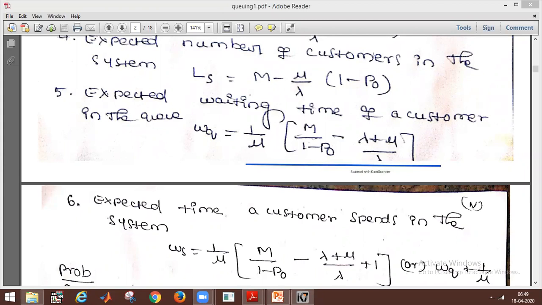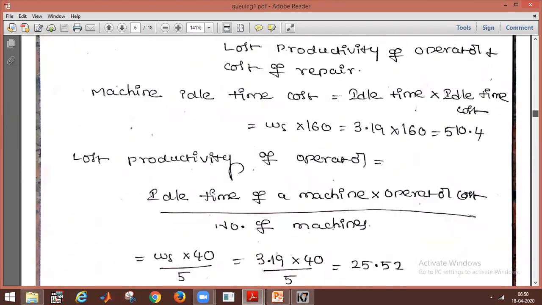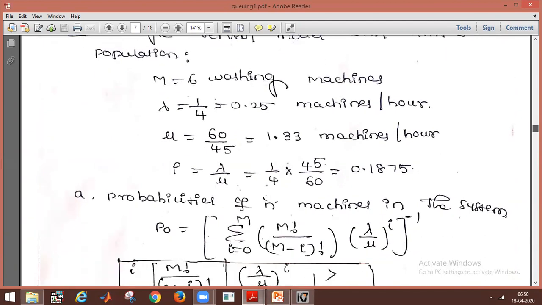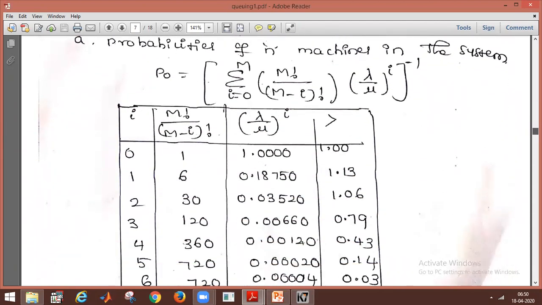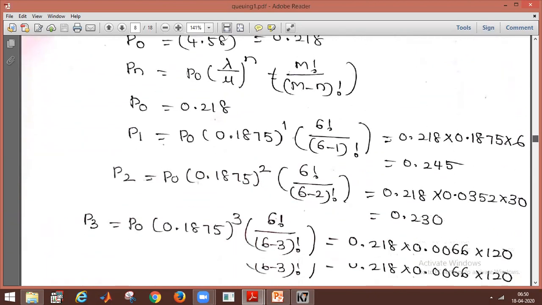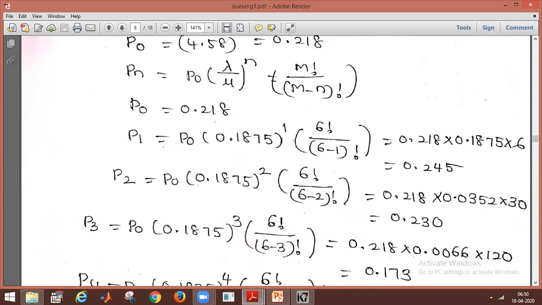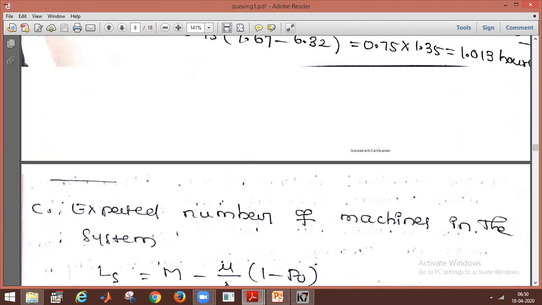We use this same formula, and after substituting the values, we will get the WQ.